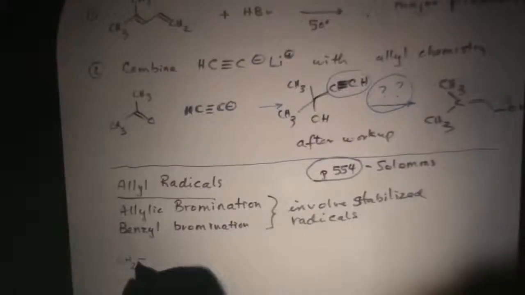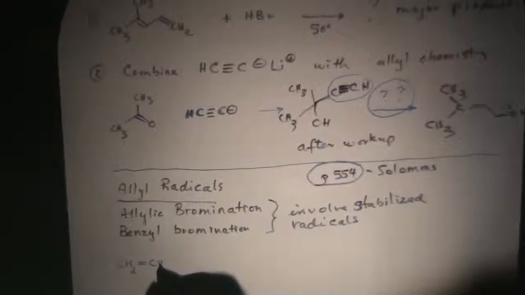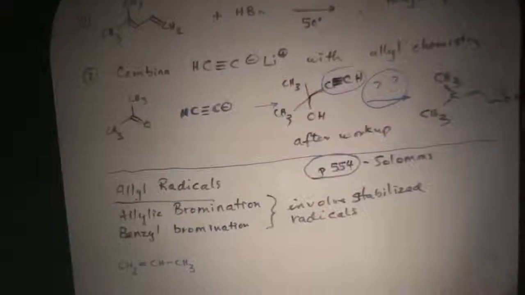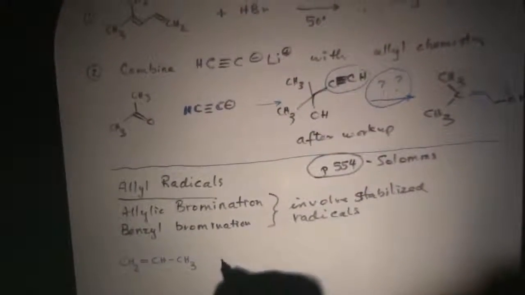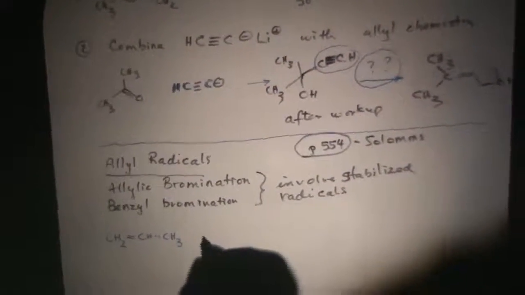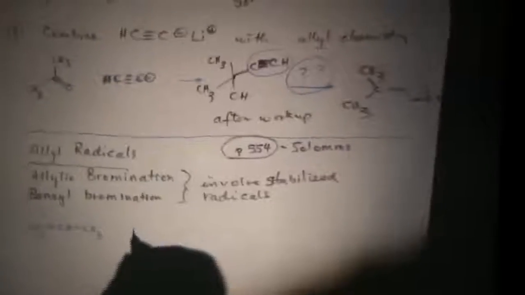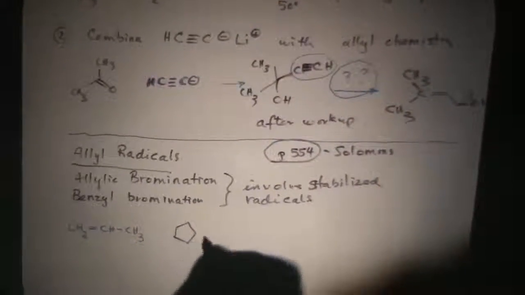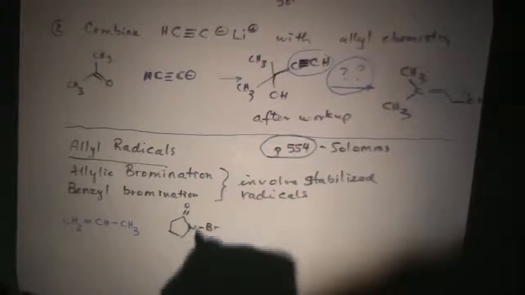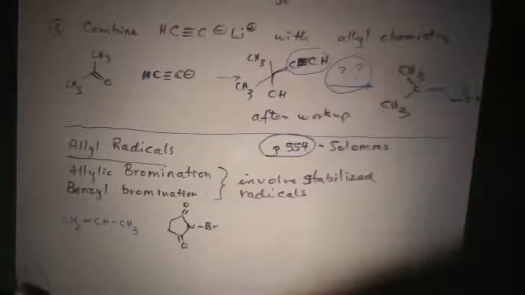If you take propene and react it with our favorite reagent in this case, a compound with this structure, I don't think that you've met it last year, but you might have.